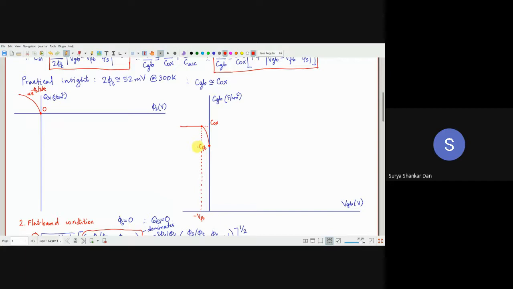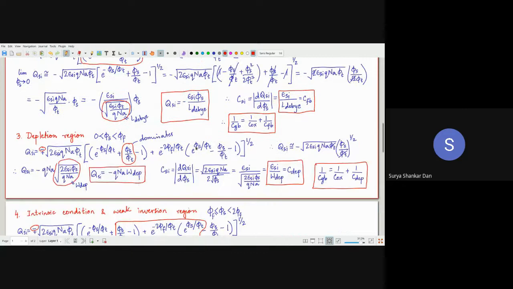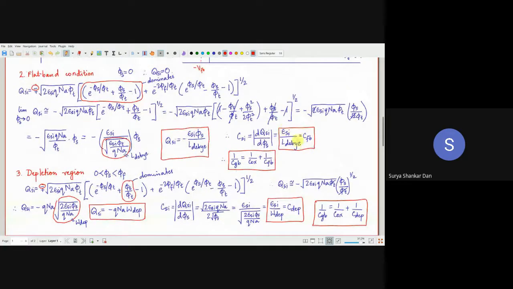From CFB, this will imply what you will get, the device length. Okay, here I had shown it. Yes, CFB, the moment you obtain the CFB from the CV curve, you will get the value of device length.